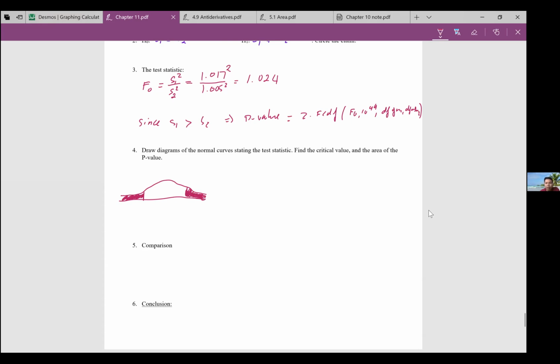Okay, so the p-value is equal to 2 times the probability that f naught is bigger than 1.024. So we get 2 times F CDF, 1.024, and then 10 to the 99, my bad.